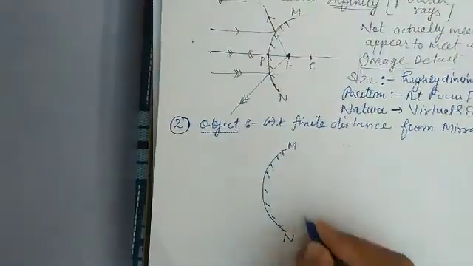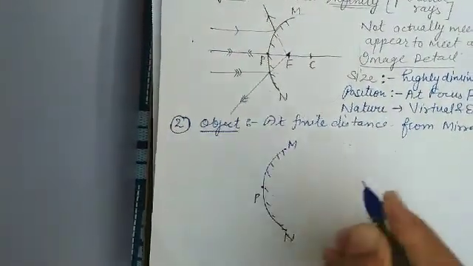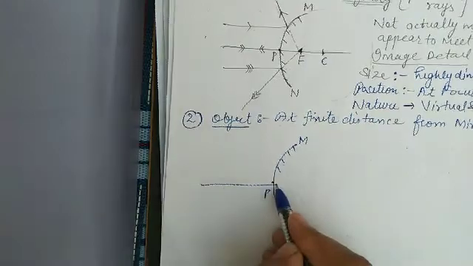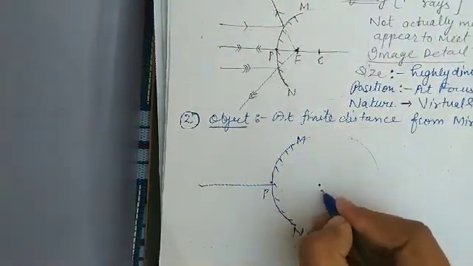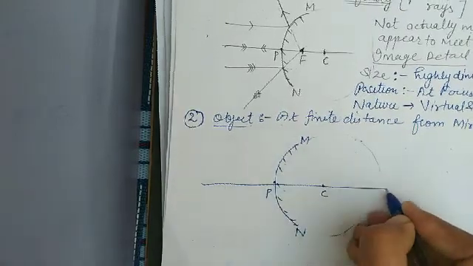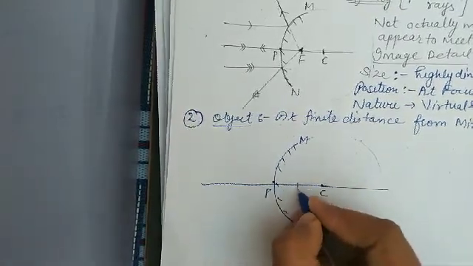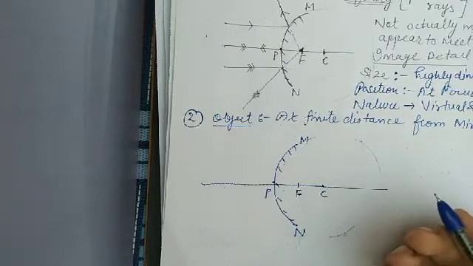M, and this one is the pole. Before spherical, it was a part of a sphere whose center is known as the center of curvature. In between P and C there is a point that is F.